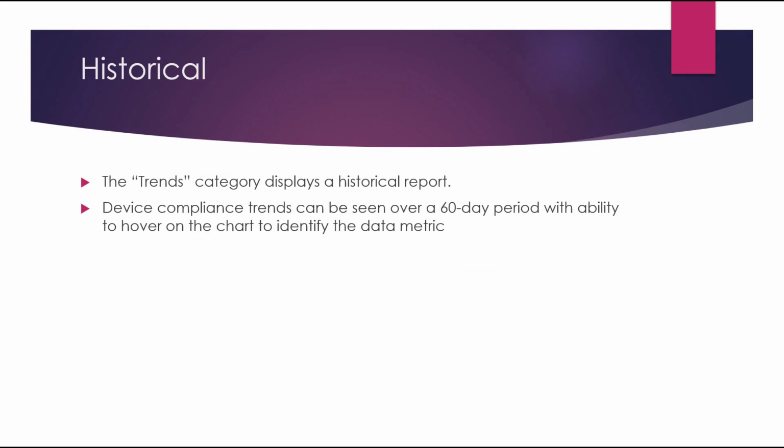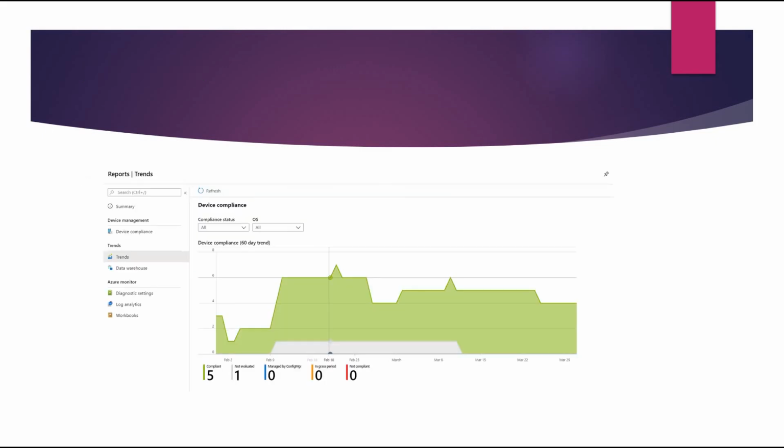And then we spoke about a historical kind of report, which is like trends. So if I go below device compliance, then we have something called trends, right? And it says how many devices are compliant, how many devices are not compliant, and then it shows me a time frame as well: on February 2nd, on February 9th, on February 16th, on February 18th, how many devices were there which were not compliant.